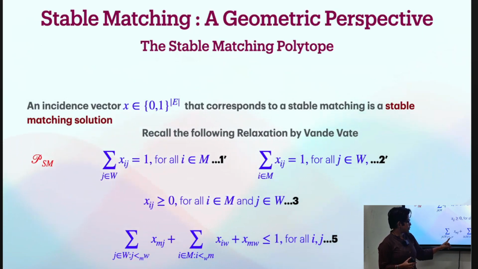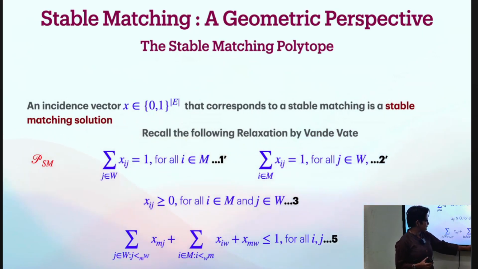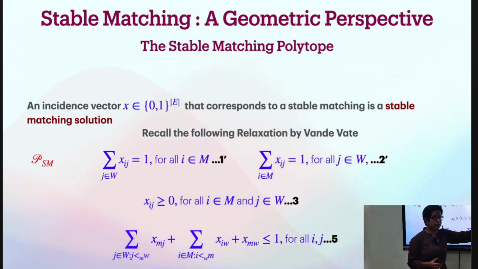If you pay close attention to how the summation is happening, you will see. From the man M's perspective, we know that this constraint holds. So, xmw plus the summation of the x values of all his partners whom he likes strictly better than w, plus the summation of the x values of all those partners he likes strictly worse than w, all add up to 1.